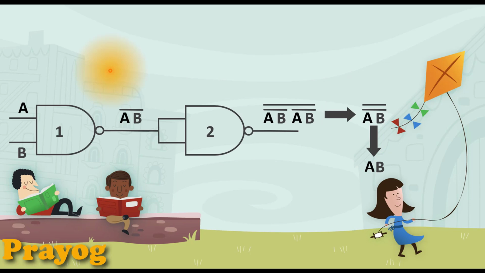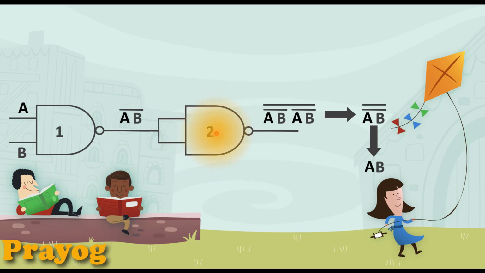Now consider this diagram which contains two NAND gates, and in stage 1 you can see that there are two inputs A and B here, and this NAND gate is producing A into B whole bar. This A into B whole bar becomes the input for NAND gate number 2.